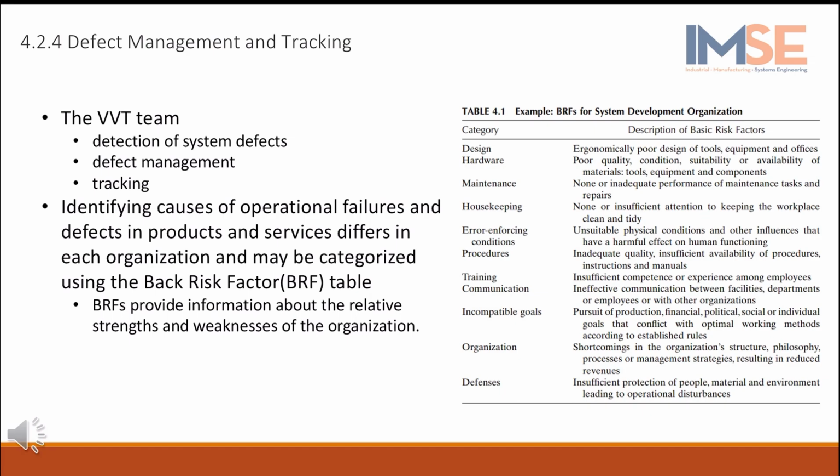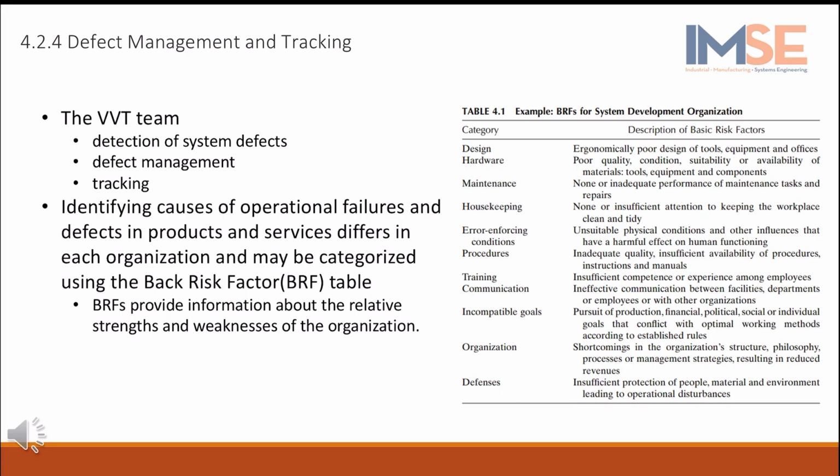Identifying causes of operational failures and defects in products and services is different in each organization and may be categorized by using business risk factors (BRF) tables, such as Table 4.1. BRFs provide information about the relative strengths and weaknesses of organizations.